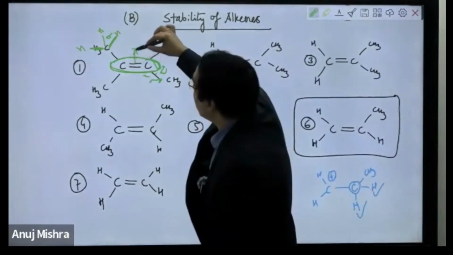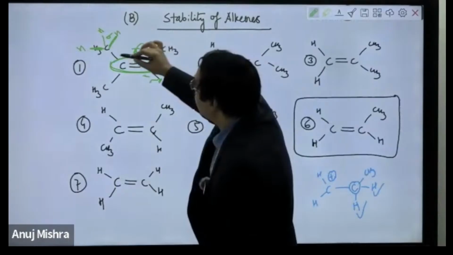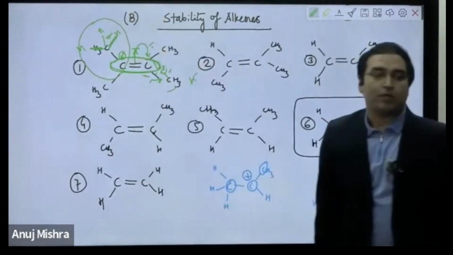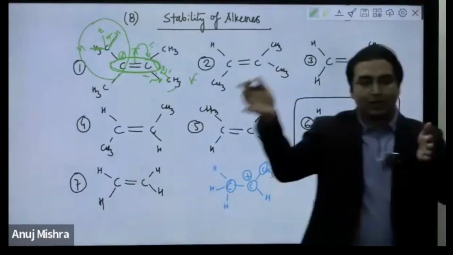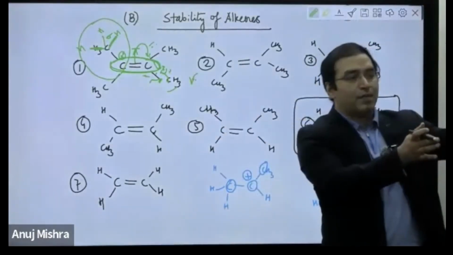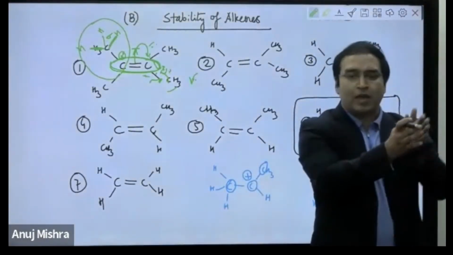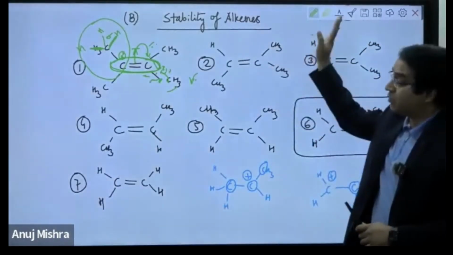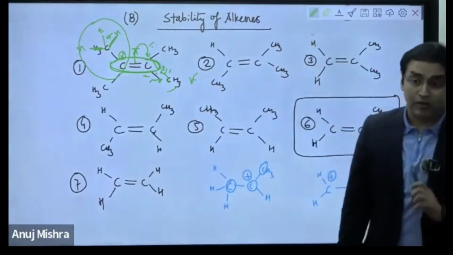Possibility is if I break this bond, keep negative here, keep positive here, I can again talk about hyperconjugation. Because when a double bond breaks as a minus and plus, the plus and the next carbon with alpha hydrogen, we can talk about hyperconjugation. This is how we can talk about hyperconjugation for this particular scenario or stability of alkene.